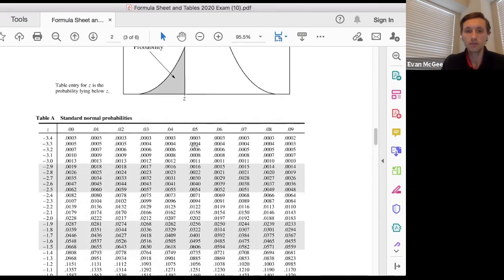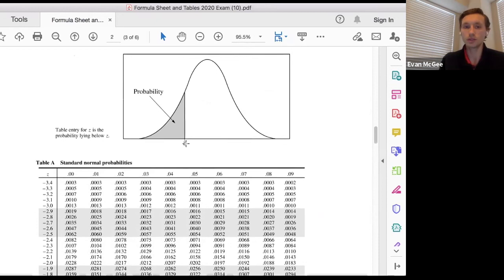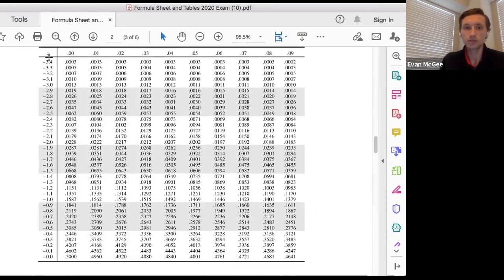Here is table A, and it shows the probabilities to the left of every z-score. So our z-score was negative 2.83. If I go to negative 2.8 right here, here's negative 2.80, negative 2.81, to here is the probability of less than or equal to negative 2.83. And you can see there's the 3 and the 8.